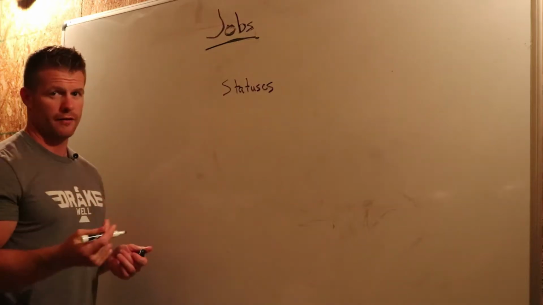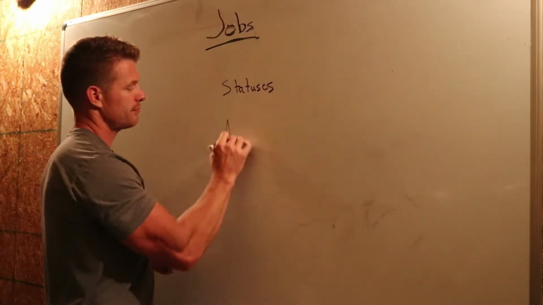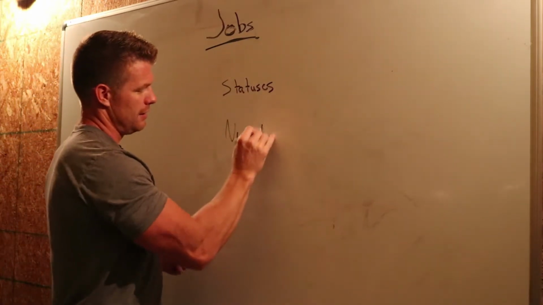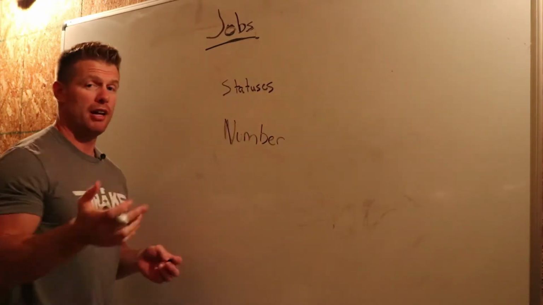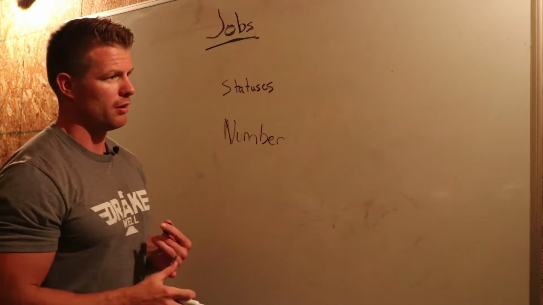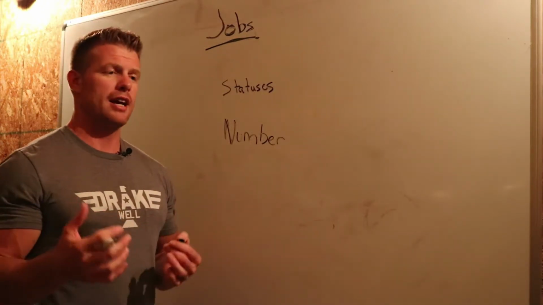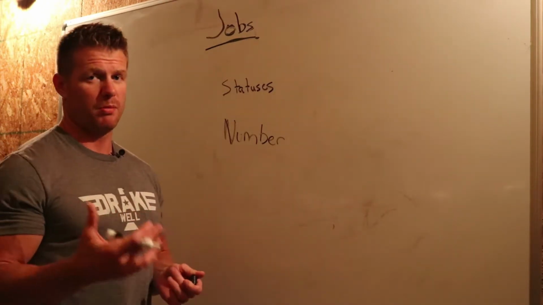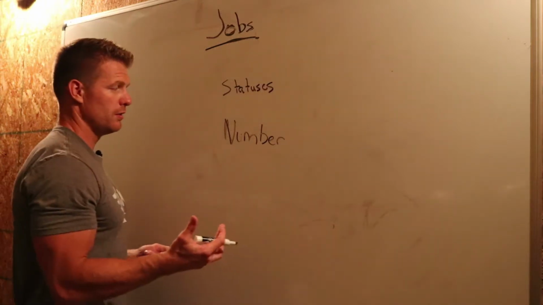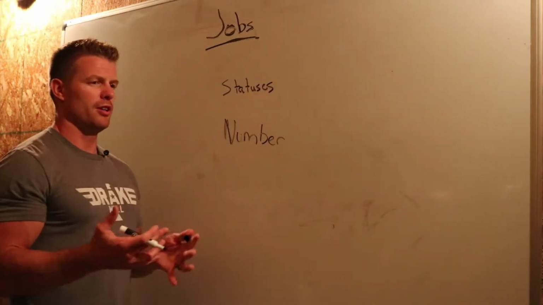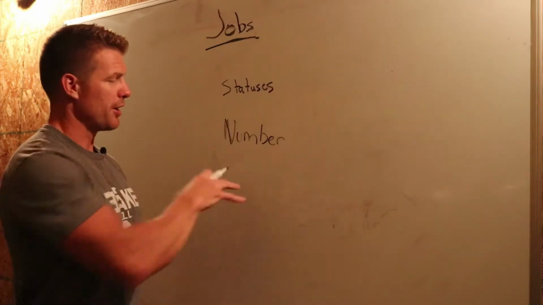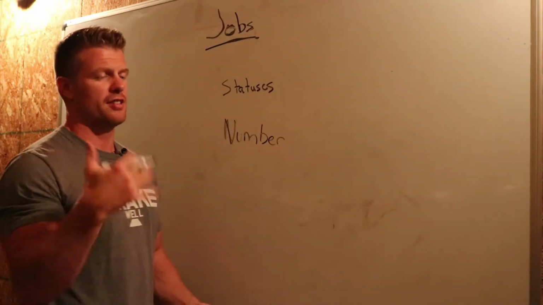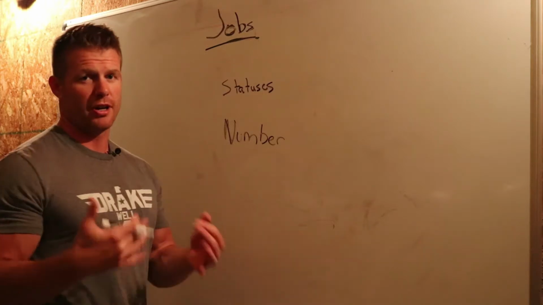Now another section that's configurable is job numbers. Drakewell has the ability, and you may already have it set up that way, to auto-generate the job number for you when you create a job. The reason this is useful is because, say I'm working in one district in Midland and creating some jobs, and our sister office in Conroe is also creating jobs.